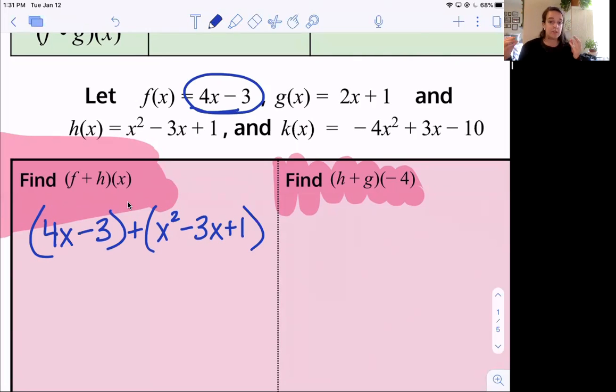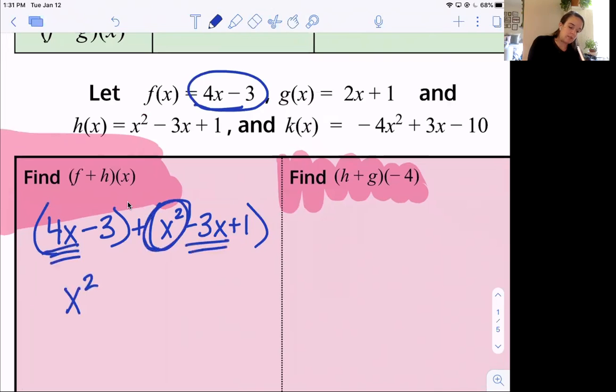All right, so then I need to combine like terms, right? I know that like terms are things that have the same variable and exponent. So x squared is the biggest one. There's nothing to combine it with, so I'm going to put x squared first. And then I see 4x and negative 3x. So 4 minus 3 is positive 1, so I'm going to put plus 1x, or just x, like that.